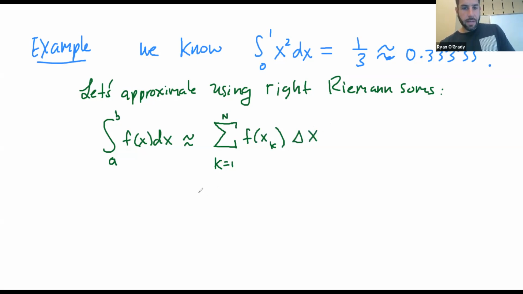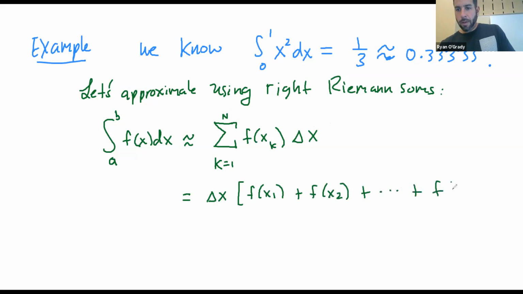Now we can write this out to make it a little easier. What is this equal to? This is delta x times the sum: f evaluated at x sub 1 plus f evaluated at x sub 2 plus all the way up to f evaluated at x sub n.